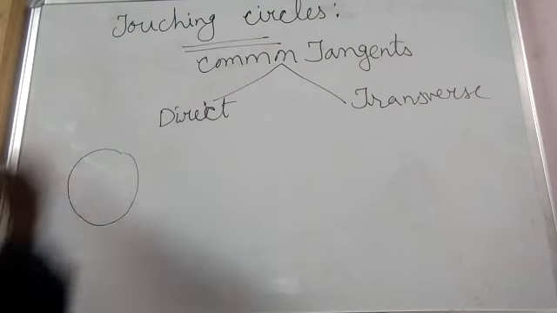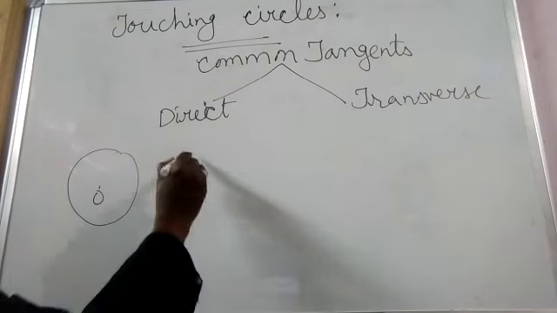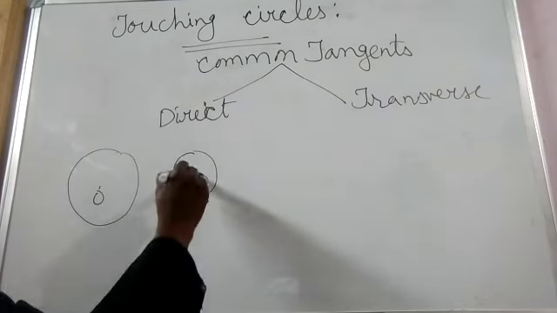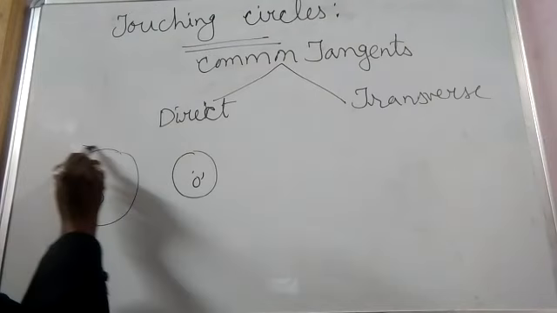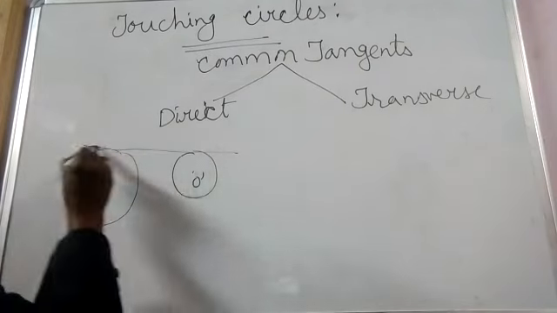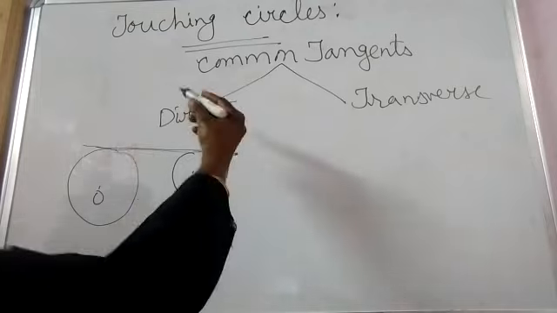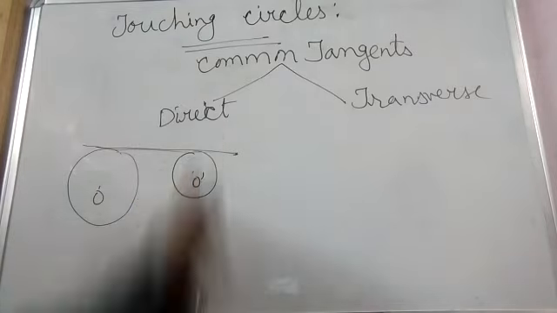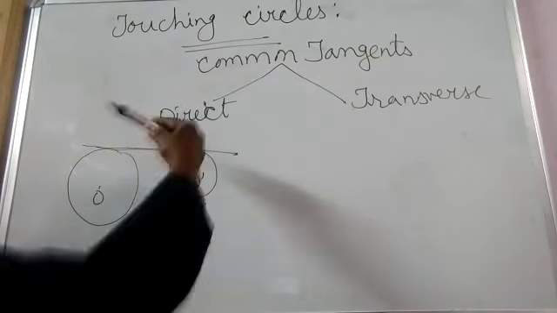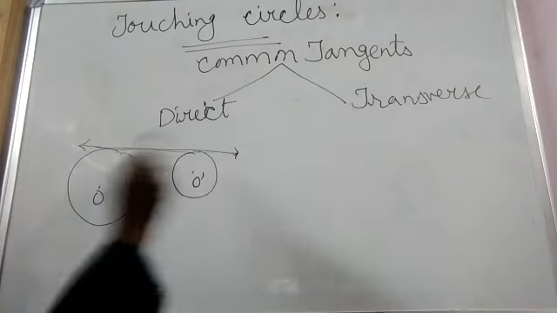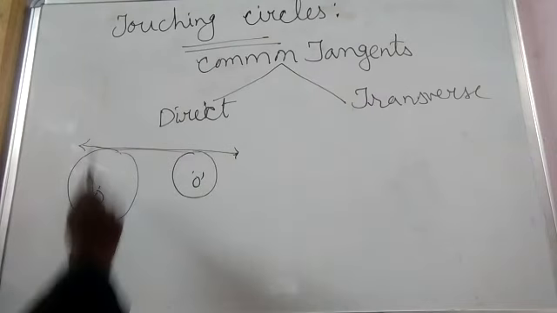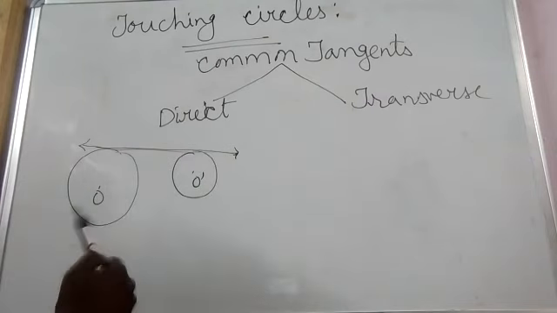Suppose this is one circle with center O. This is another circle with center O dash. Then if the tangent is on the same side of the two circles, this is the common tangent of both the circles. The two circles are below the line.